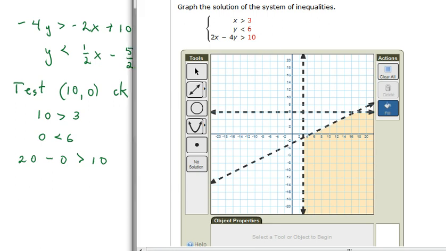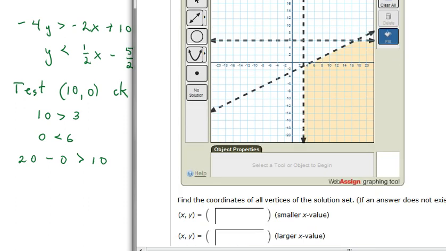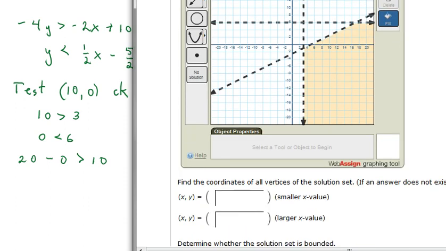Now, let's go down and notice that we're also asked to find the coordinates of the vertices of the solution set, and there are two of those. The one with the smaller x value is the one where x equals 3 and 2x minus 4y is equal to 10.